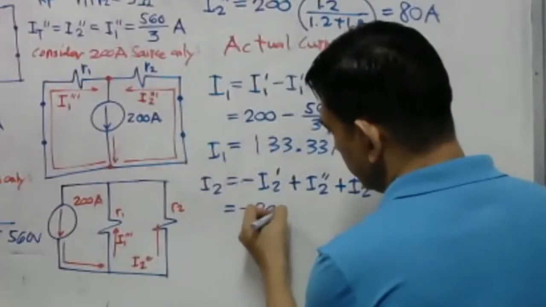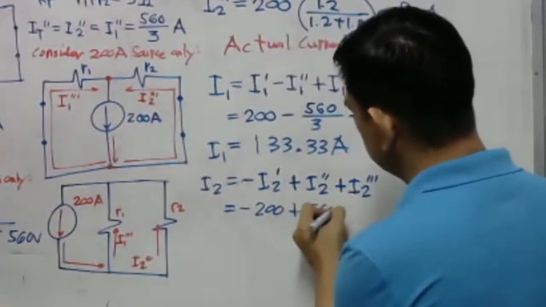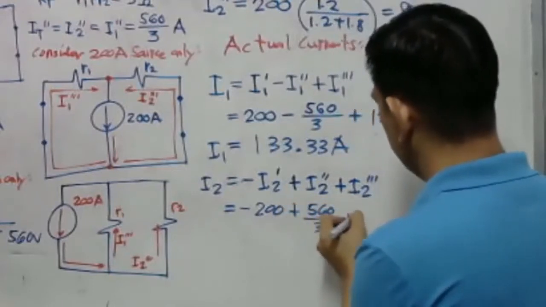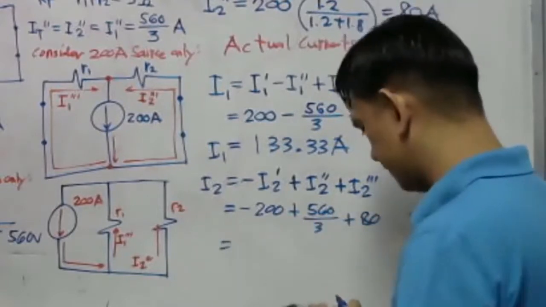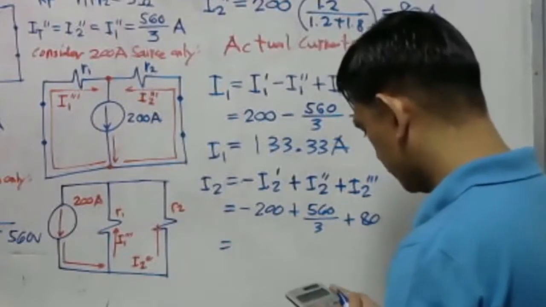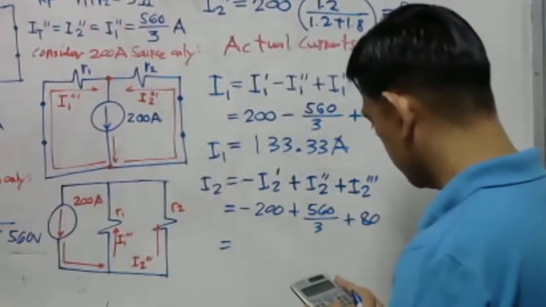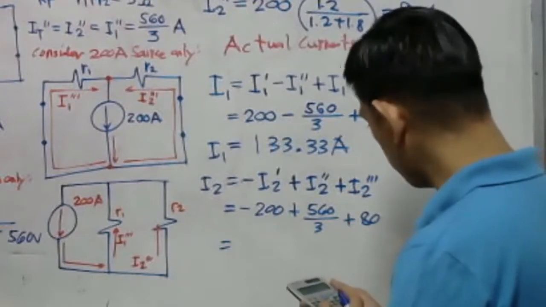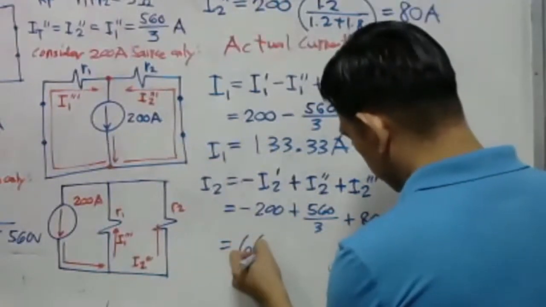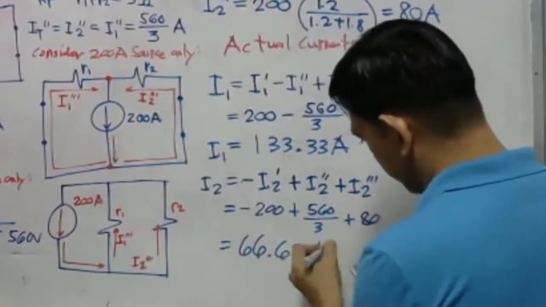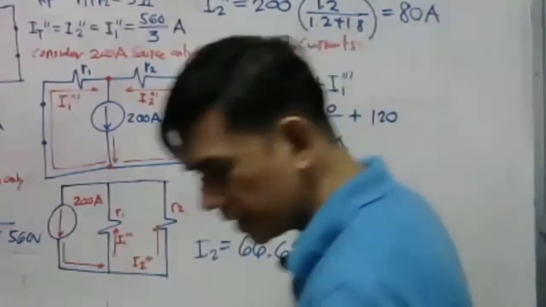So we have negative 200, then plus the double prime, 560 over 3, and then plus the triple prime, 80. So negative 200 plus 560 over 3 plus 80 is equal to 66.67 amperes.